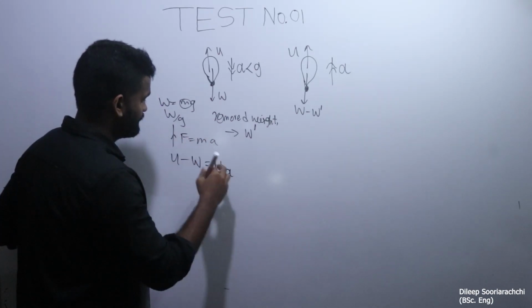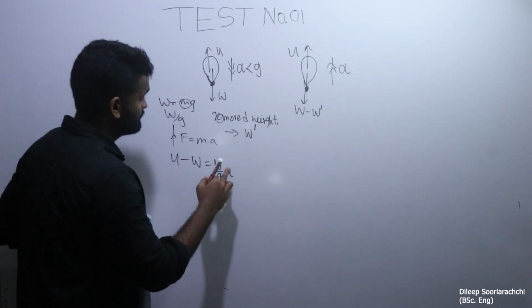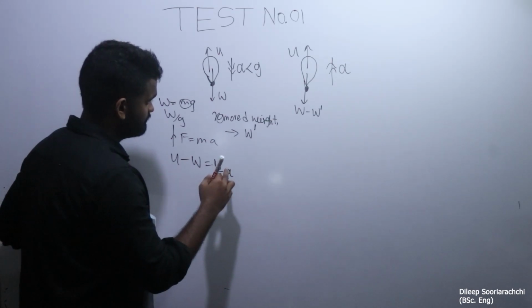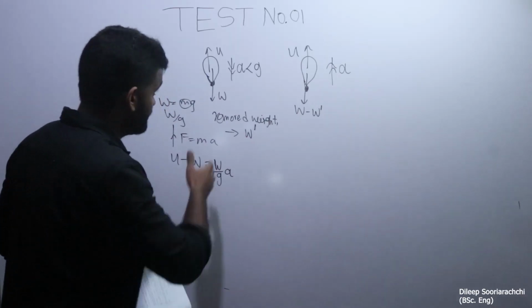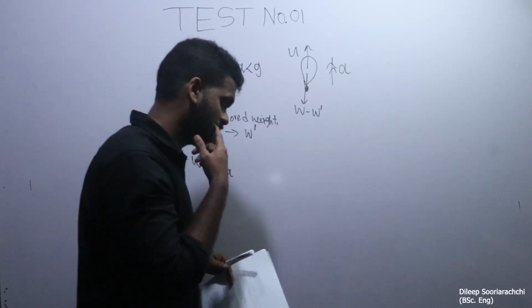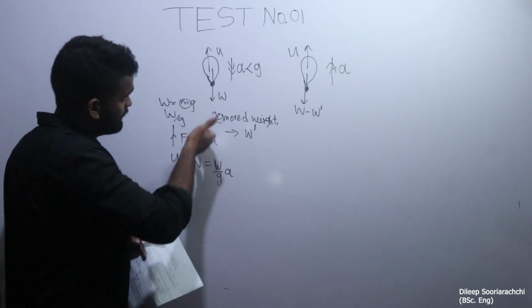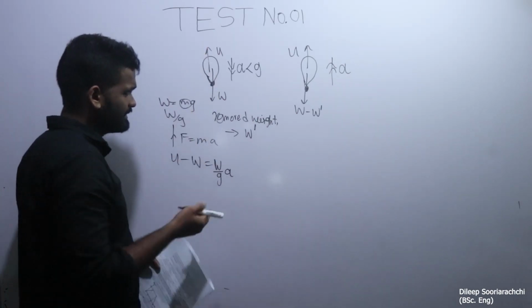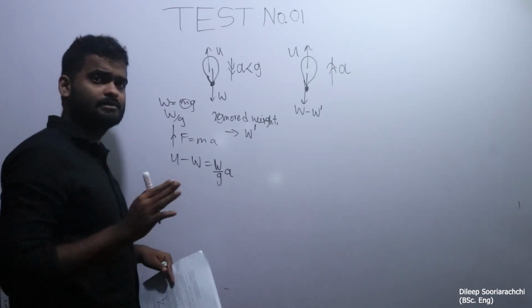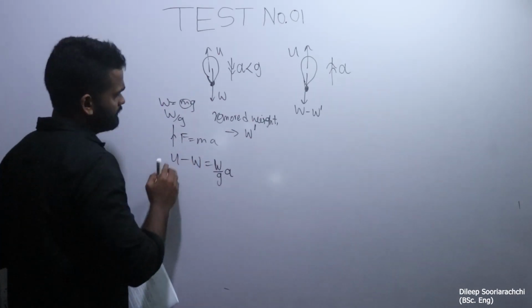Now you have to apply the equation downwards, right? Because the balloon is moving downwards. We can apply it upwards as well, but it would be confusing. Okay, it doesn't matter. We'll just apply the equation upwards.